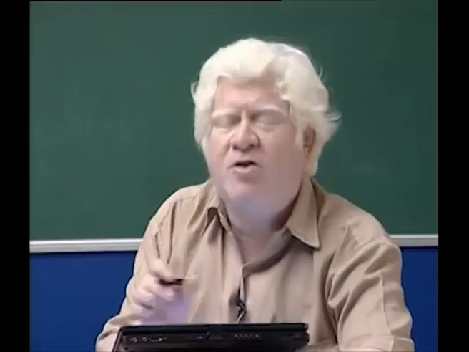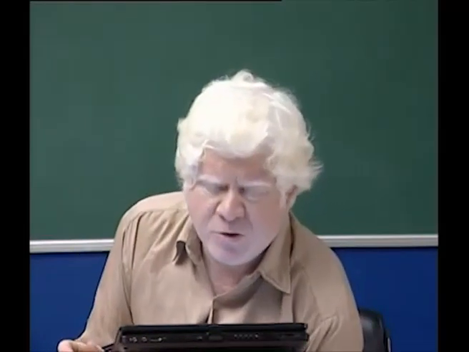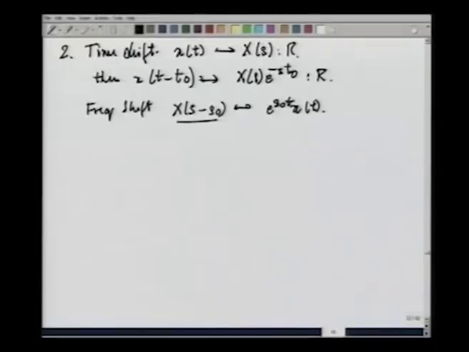Now, all that has happened to the ROC is, the entire function has got shifted by an amount s naught. X of s is now shifted to X of s minus s naught, and hence every point in the ROC that was there earlier will get correspondingly shifted.